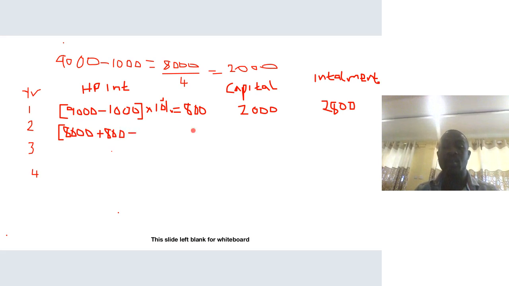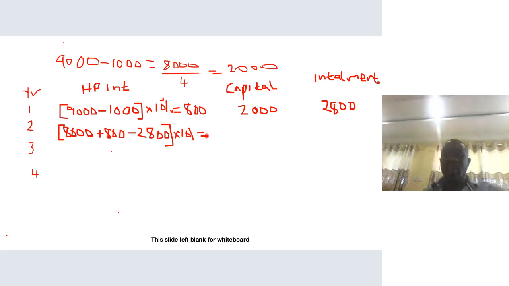And then we subtract the installment for year 1, which is 2,800. Then times 10%. So what will that give us? 8,000 plus 800 minus 2,800, and then we multiply that by 10%.